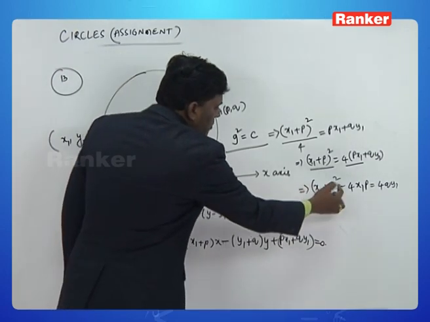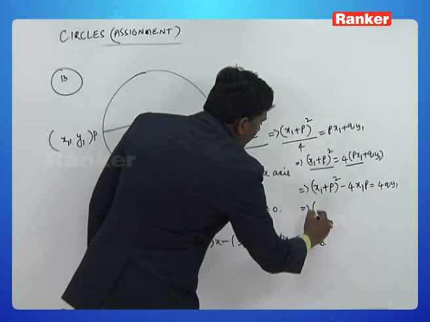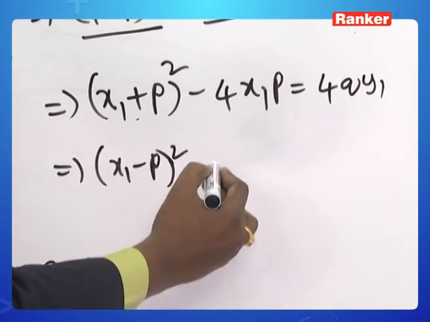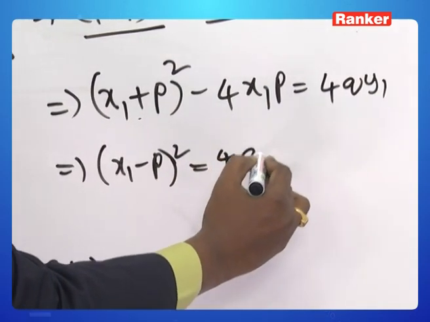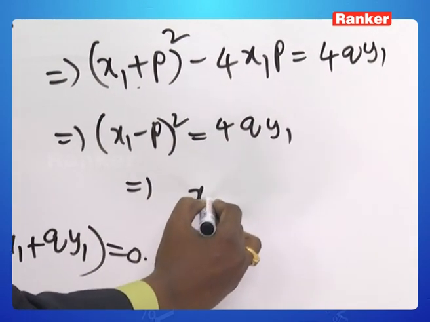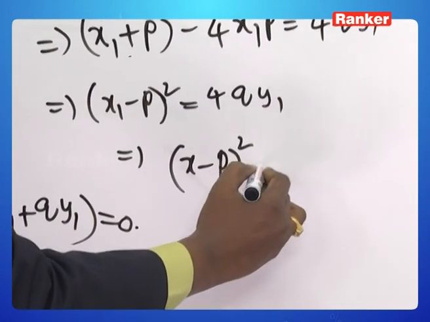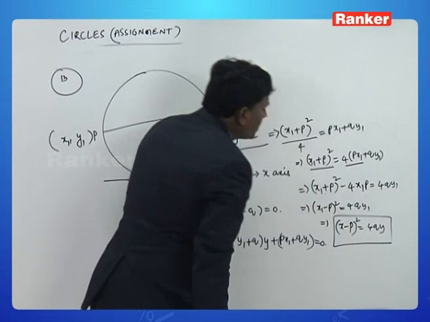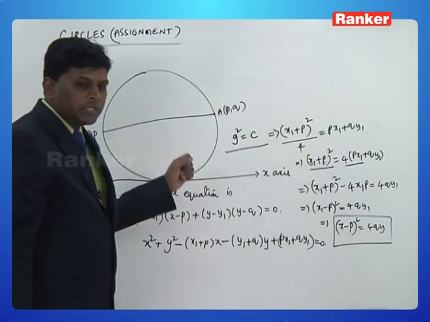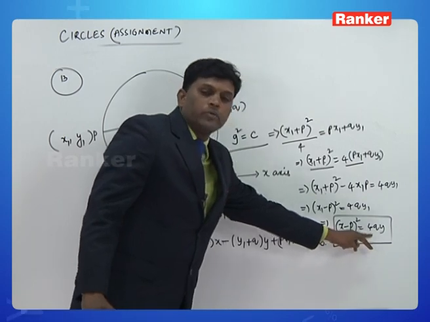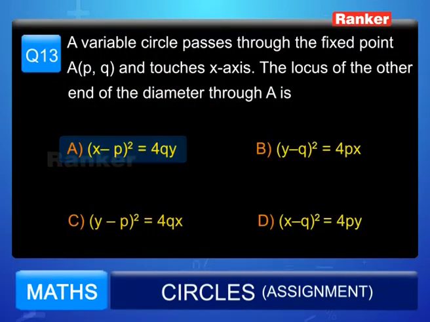A plus b whole square minus 4ab is a minus b whole square. So we can write it as x1 minus p whole square equals to 4qy1. Then its locus is x minus p whole square equals to 4qy. Clearly the required locus in this problem is x minus p whole square equal to 4qy. Clearly option A is the right answer to this question.